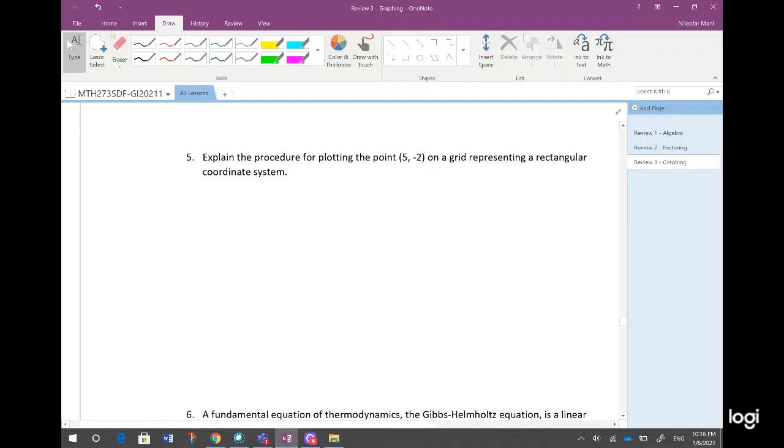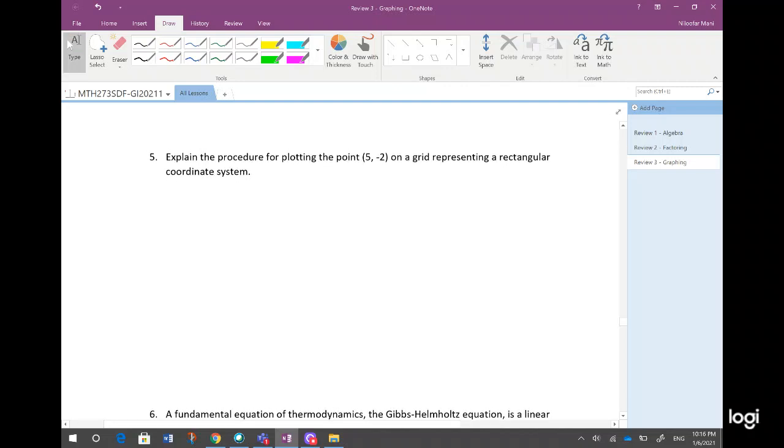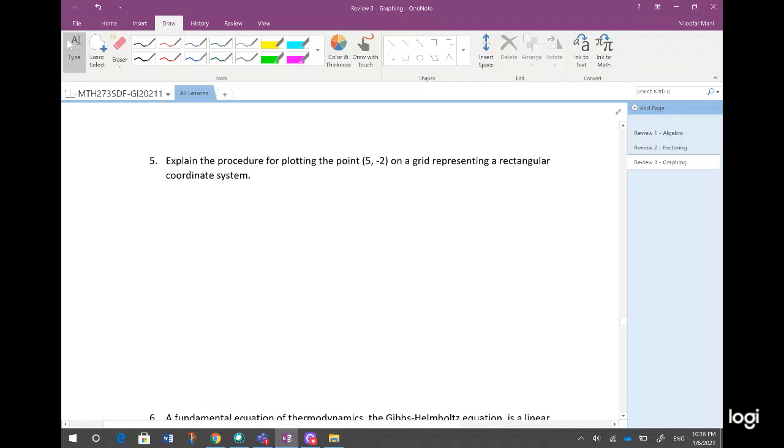So how about this question? Explain the procedure for plotting this point on a grid representing a rectangular coordinate system. It means, how do you show a point on a graphing paper? I just go on my graphing paper.